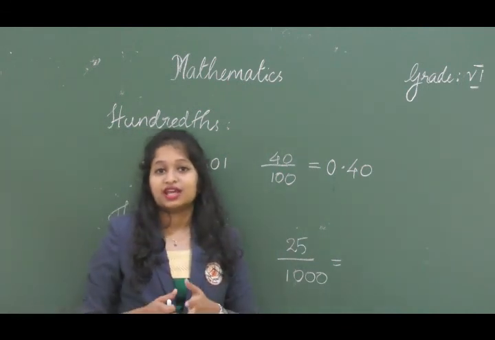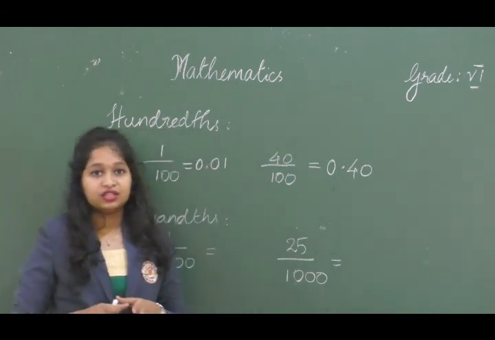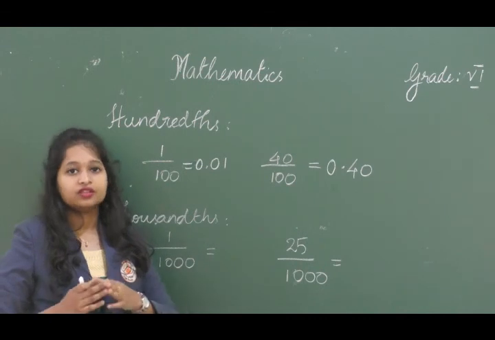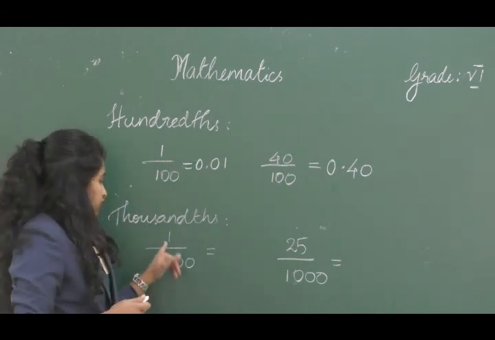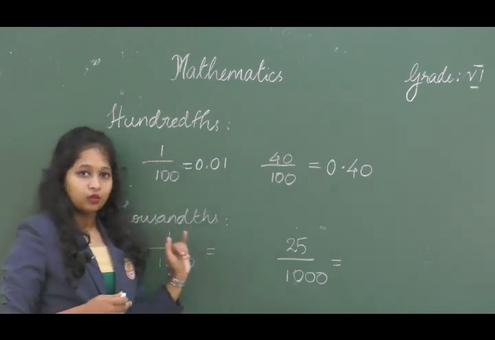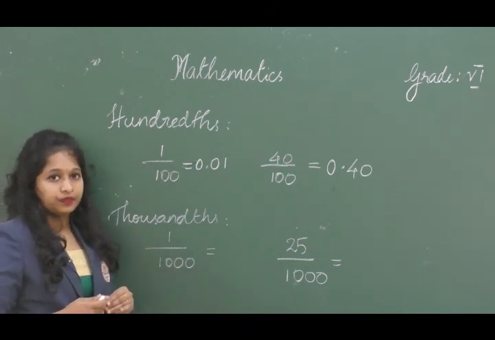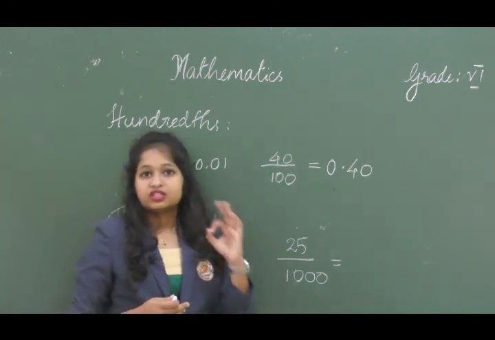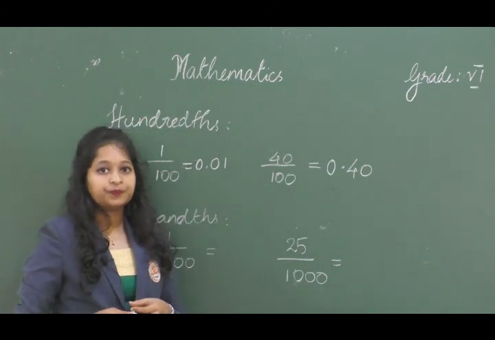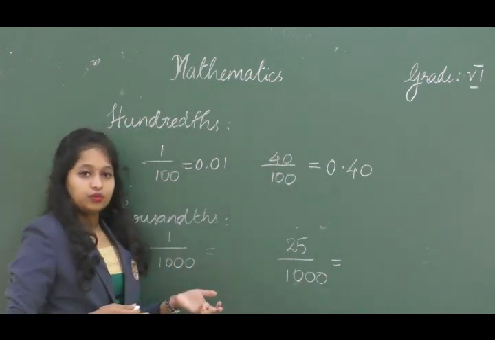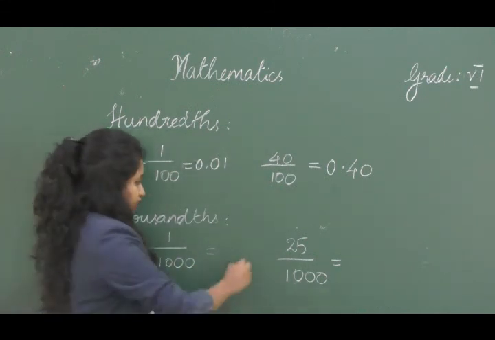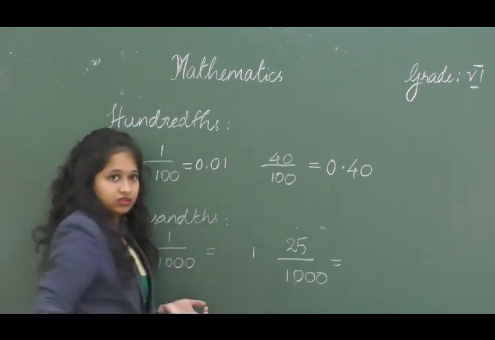Next topic is thousands. Decimal fractions that has 1000 as the denominator is called as thousands. Here I have an example, 1 by 1000. So there are 3 zeros in thousands, right? So what to do? Write the numerator.